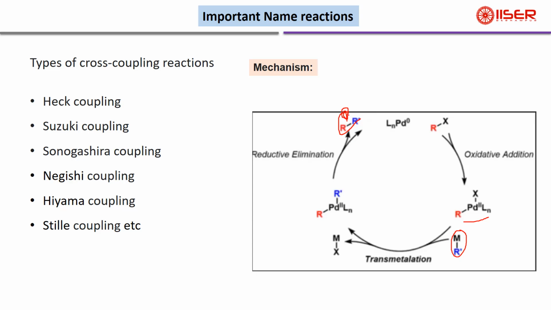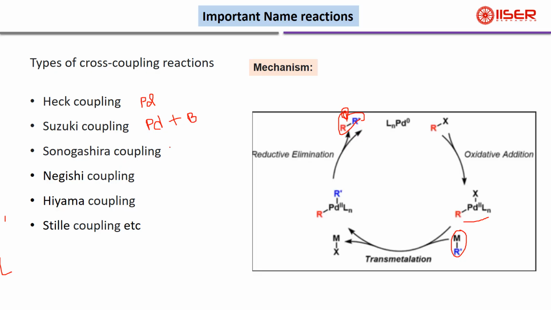Now there are different types of cross-coupling reactions. In the case of Heck, we usually use just palladium. In the case of Suzuki coupling, we use palladium, that is common, along with that, for transmetallation, we use boron.